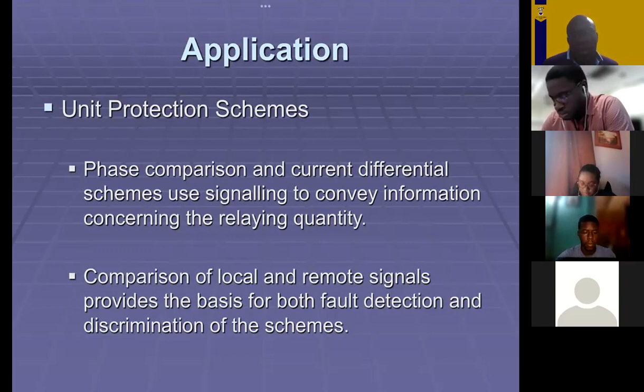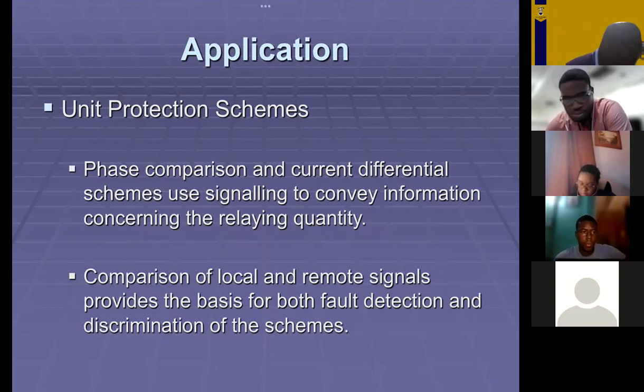So if we were using the unit scheme for the feeder, we have to be able to send the information from one end of the relaying or one relaying point to the next, so from one substation to the next, to provide the relaying quantity so that the decision can be made by the relay.